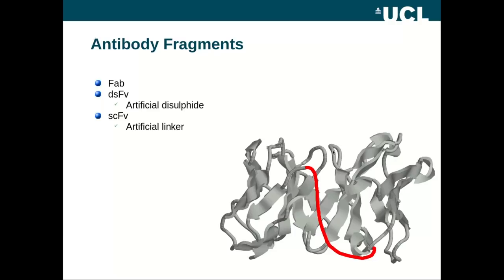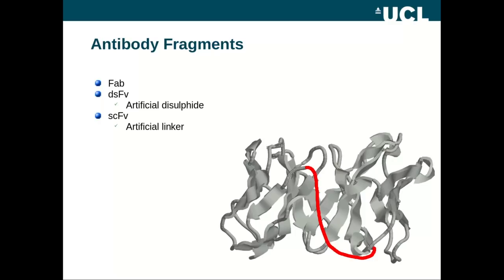It's usually made up of glycines and serines, designed to be flexible, not to put any constraints on the structure. But this is enough to hold the two chains together and keep them from just separating and falling apart. So single chain FVs are another way forward for producing something that may be useful as a drug when you only need to bind. It's also useful for something else, which we'll come back to in just a couple of minutes.